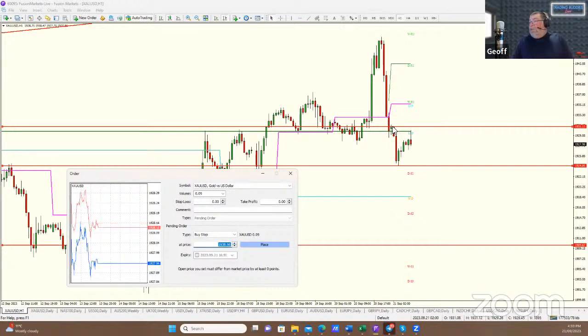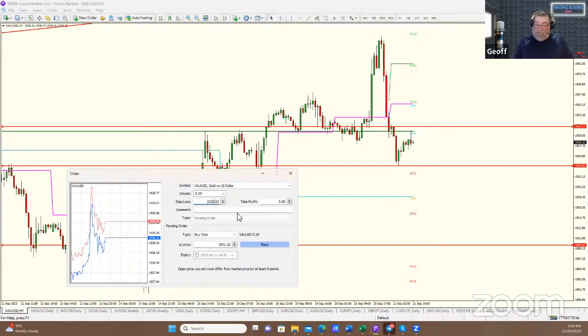So the entry level is going to be 1931.20. Stop loss is going to be 1926.90.